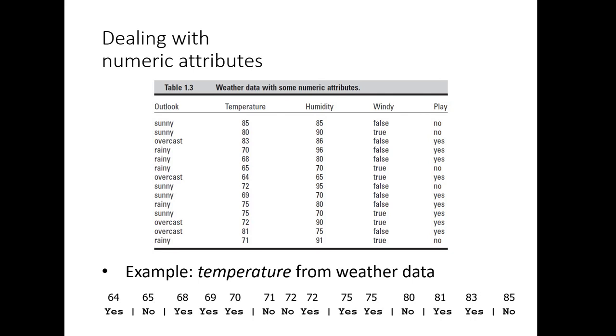So this is the first step. What is the second step? You sort all the numerical values to get their class values.